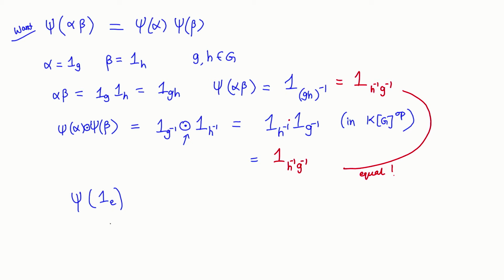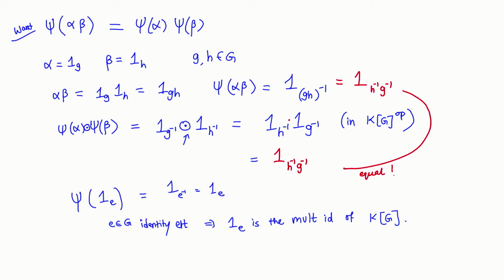So E is the identity element of the group, and if E is the identity element of the group, then 1_E is the multiplicative identity of the ring kG. Now let's compute psi of 1_E. By definition it is 1_(E inverse), but of course E inverse is E, so psi of 1_E goes to 1_E again.